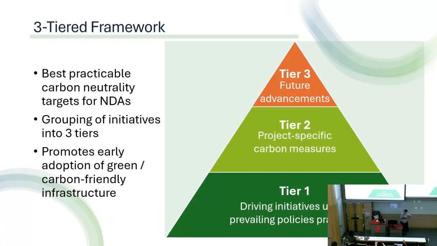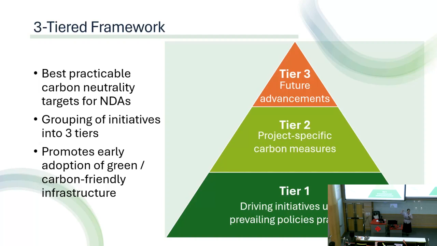This particular framework exists because of the latest, or at least the upcoming, government requirements on how to consider carbon and how to integrate different smart initiatives into our urban environment. These are grouped roughly into three different tiers. The first tier is to drive initiatives under prevailing policies.